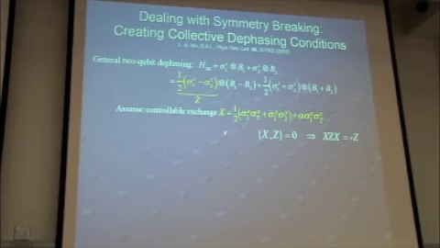Now, let's say that I have some kind of a quantum dot system where I have the ability to control an exchange Hamiltonian, not Heisenberg exchange, anisotropic exchange, where I can make the coefficients in front of the xx and yy terms different from the coefficient in front of the zz term. So imagine that this is some operator in a system Hamiltonian that I can control.